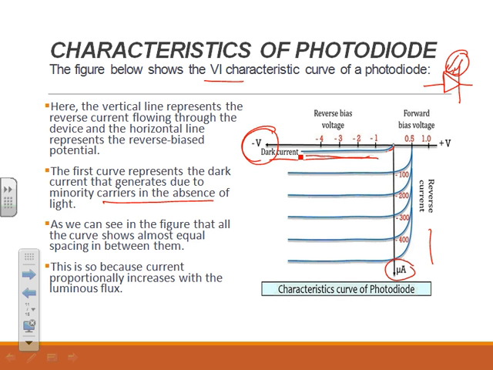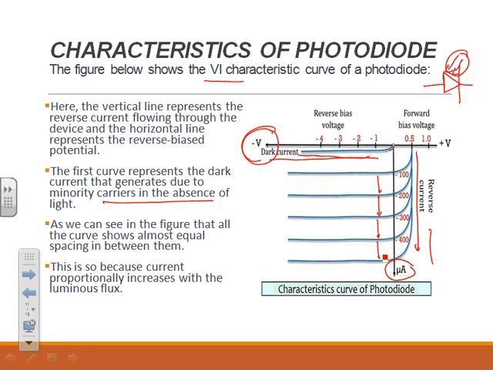As we see in the figure, all the curves show almost equal spacing between them. This is because current increases proportionally with the luminance in lux. That means this spacing is almost constant in all the curves. By increasing the luminance, more current will flow through the device.